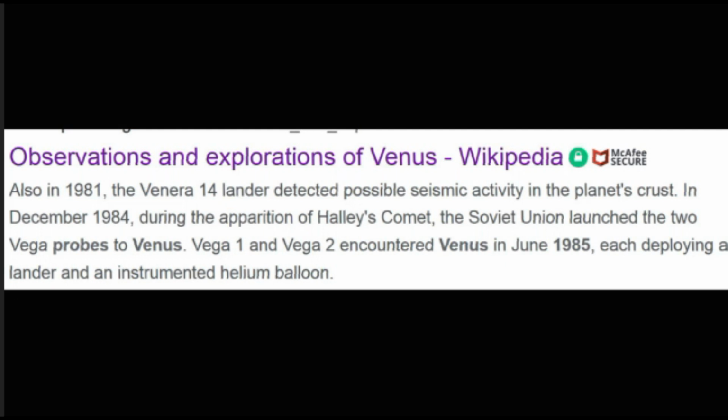Also, there was a couple of probes sent to Venus, and when they got in the orbit around Venus, they quit working. They didn't quit working. They started taking pictures of the surface in the later probes. So now the truth has finally come out about this planet.